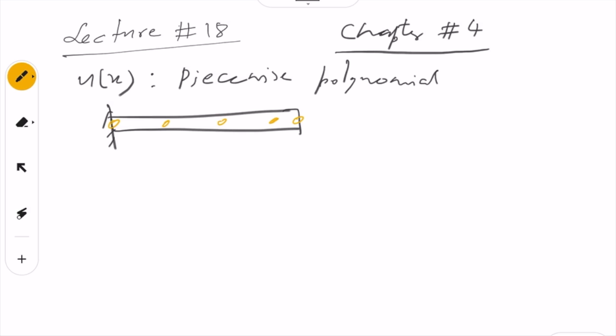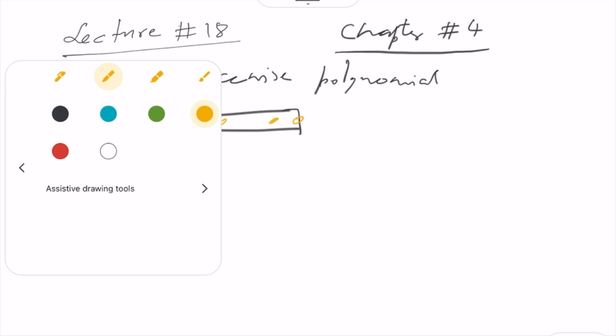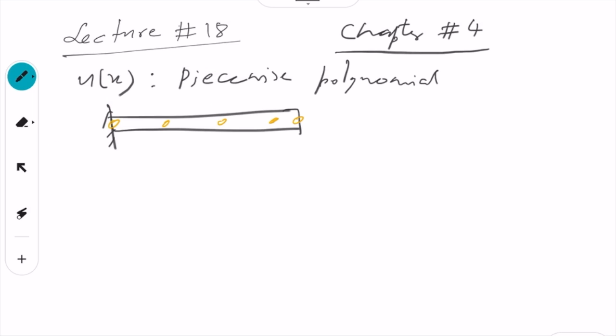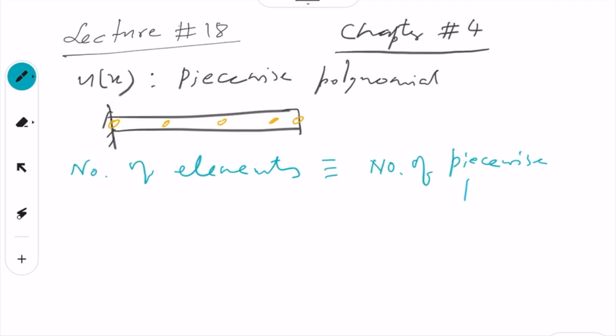So, the number of elements n is equivalent to the number of piecewise polynomials, and each element has a certain number of nodes.